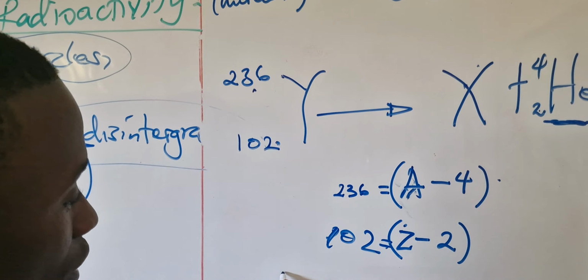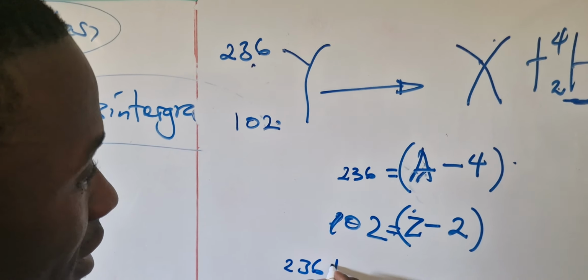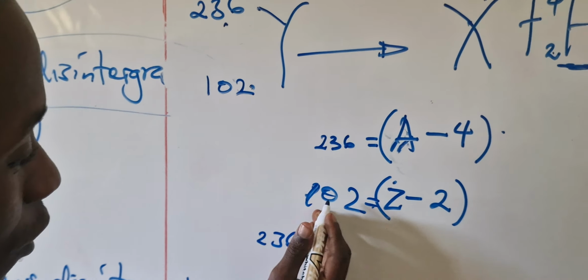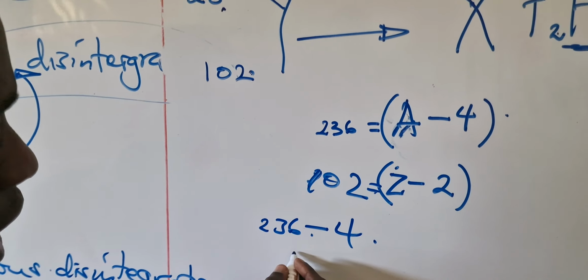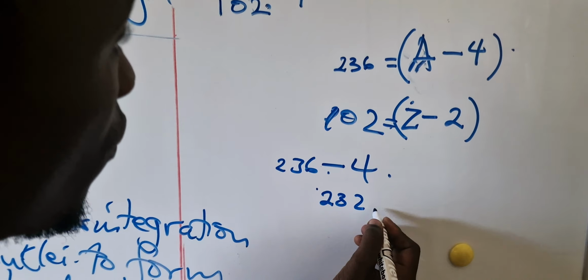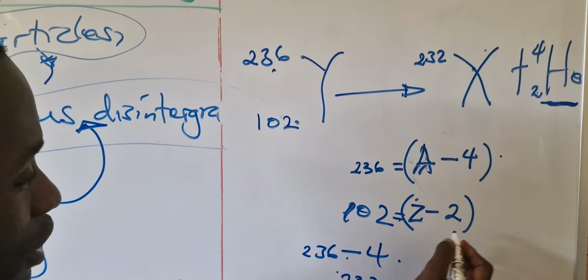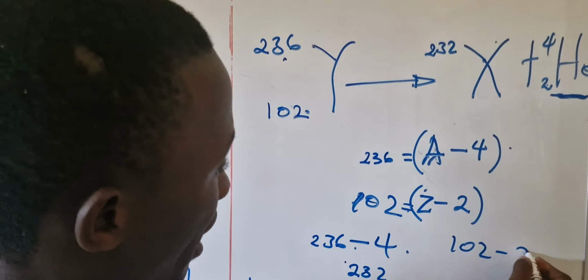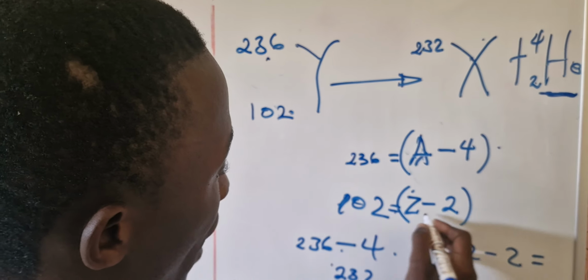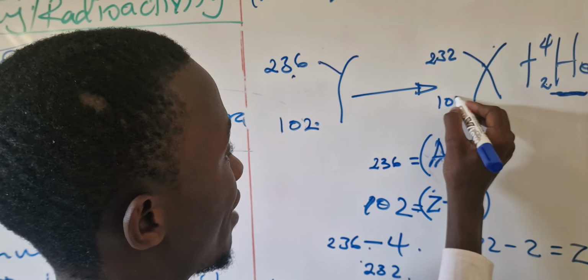We shall have 236 minus 4, which gives 232. And down here we shall have 102 minus 2, such that we get the value of Z as 100.